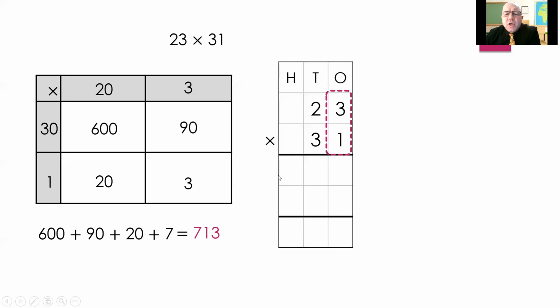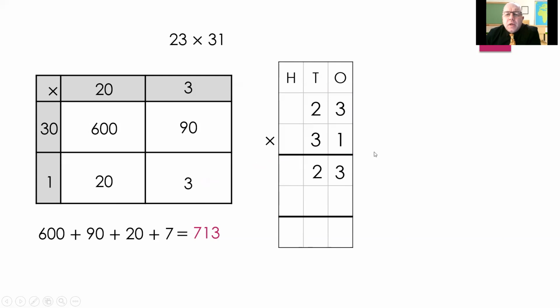So this is where they're going to go in the question. 1 times 3 is 3. And then 1 times the 2 tens. So 1 times 2 is 2. So one lot of 2 tens is 2 tens.